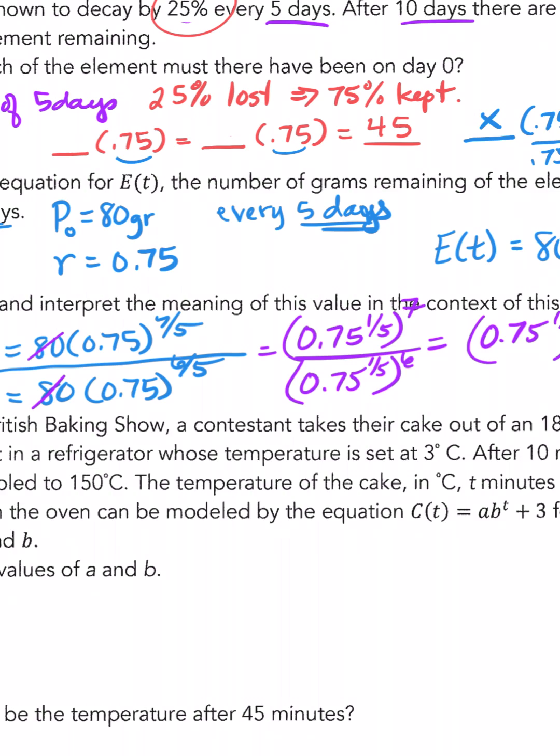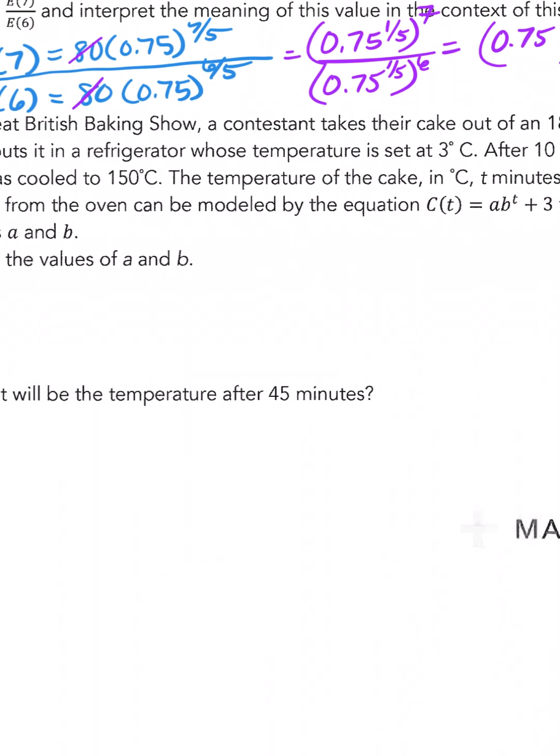Okay? Now, Great British Baking Show. They take their cake out of a 180 degrees Celsius oven and put it in a fridge whose temperature is set at 3 degrees Celsius. After 10 minutes, it's cooled to 150. It says this can be modeled by a b to the t power plus 3 for some parameters a and b. Well, I want you to think about what C of 0 would be.